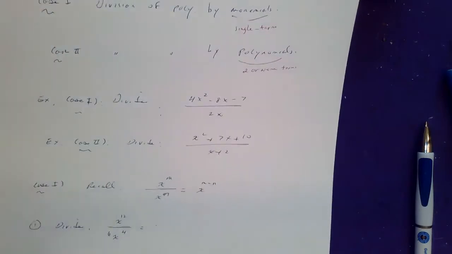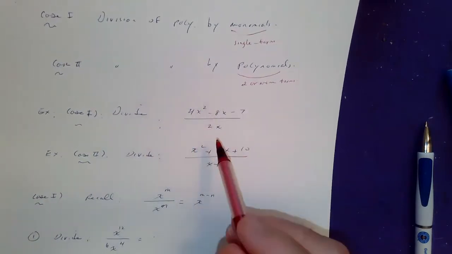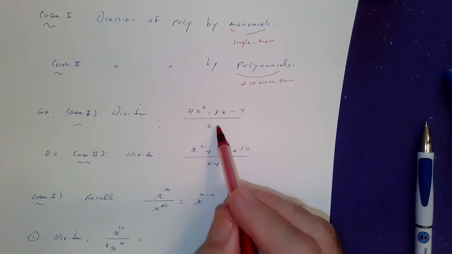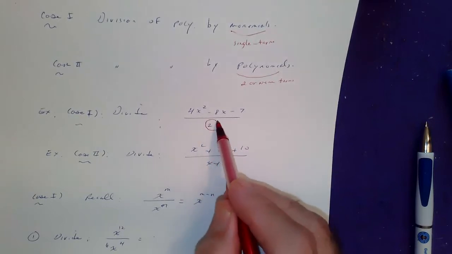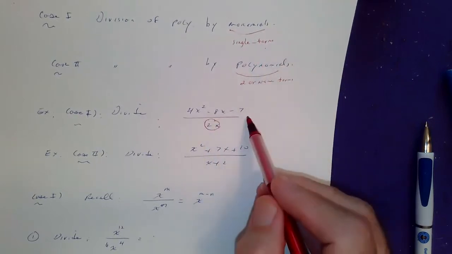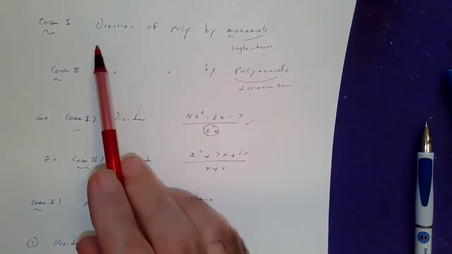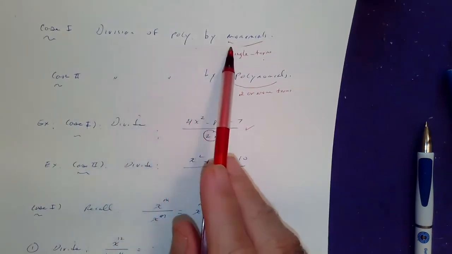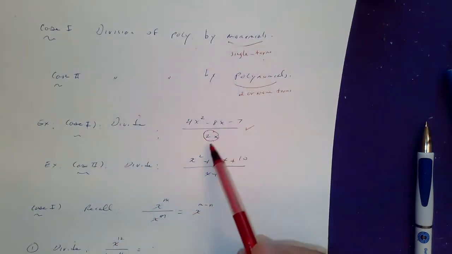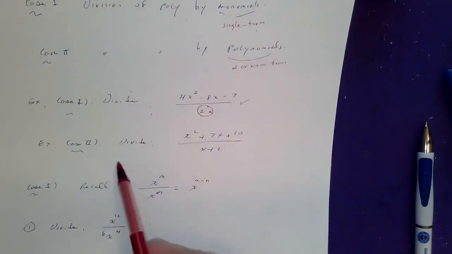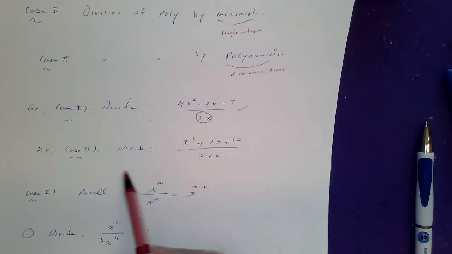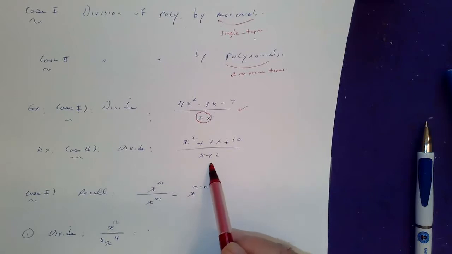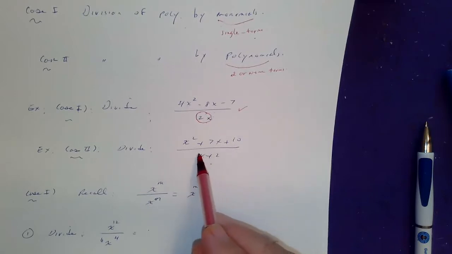So, for instance, case one would be dividing a trinomial by a monomial. Do you see it? A single term. So this is what I'm talking about when I say case one, division of a polynomial by a monomial. These are super easy. The second is division of polynomials by polynomials. Notice the denominator is no longer what? Monomial.